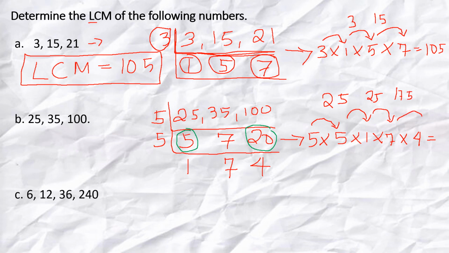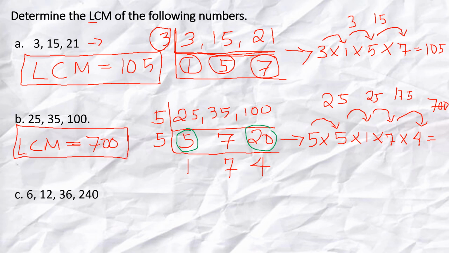And 175 times 4 is 700. So the LCM of the numbers 25, 35, and 100 is 700.